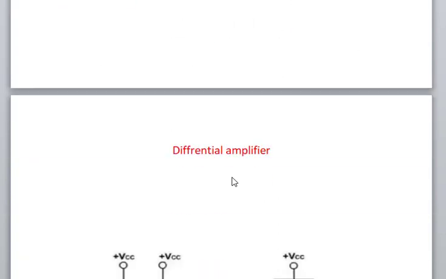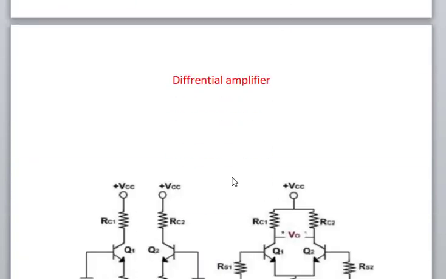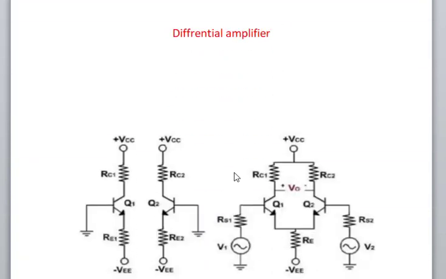So in an operational amplifier, there is a differential amplifier. There are two differential amplifiers. It is one amplifier. Here the NPN transistor is biased, the emitter is biased by Re1, the collector is biased by Rc1, and the input is given at the base.